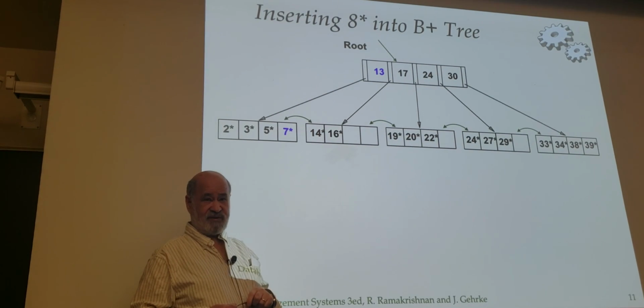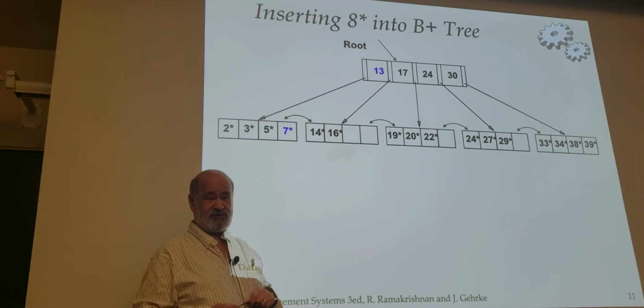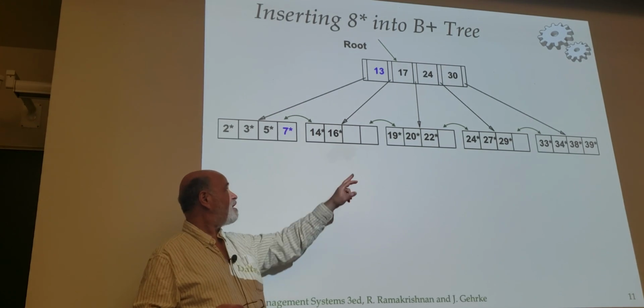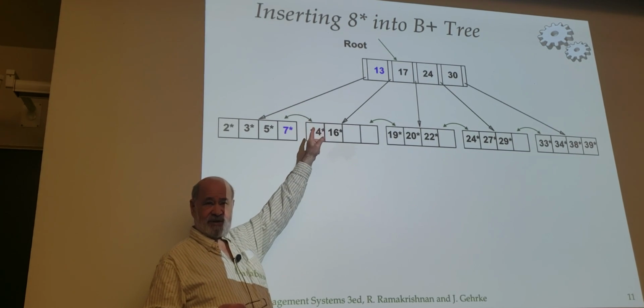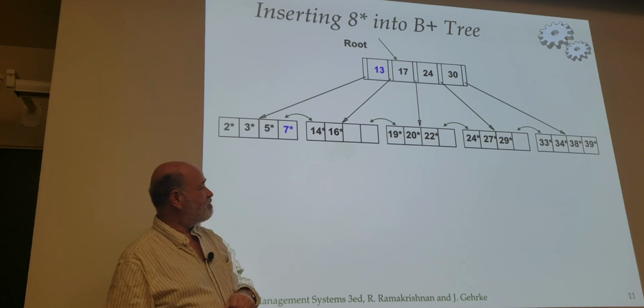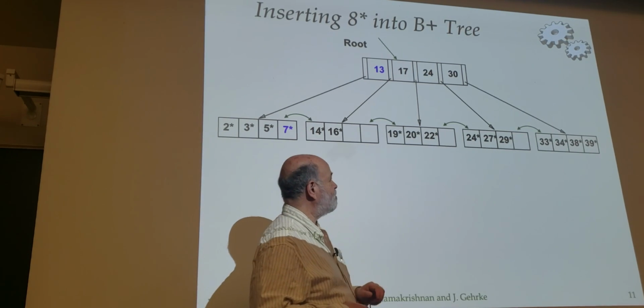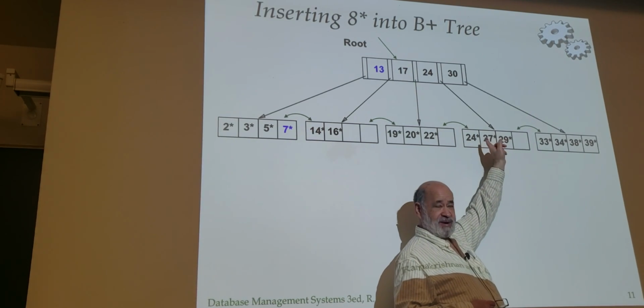I don't have to put a new value in, I have to modify the existing value. So there's no extra splitting going on. So in this case, the 8 could be put in here, and I'd have to modify that 13 to an 8. In the same sort of way, if what I wanted to be able to do is to put a value like 31 in, then I could put the 31 in here and do the modification accordingly.